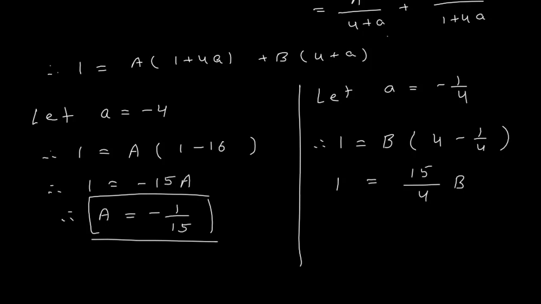So we get the value of b equal to 4 upon 15. So the value of a is minus 1 upon 15 and the value of b is 4 upon 15. So a and b we got.